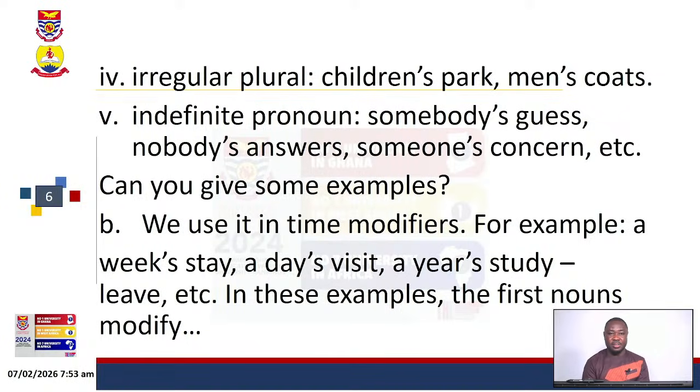You can have a day's visit, or a year's study leave, okay? So what we are doing here is saying that the study leave lasts for a year, or the visit lasts for a day, a 10 hours' lecture, okay, a 10 hours' lecture.